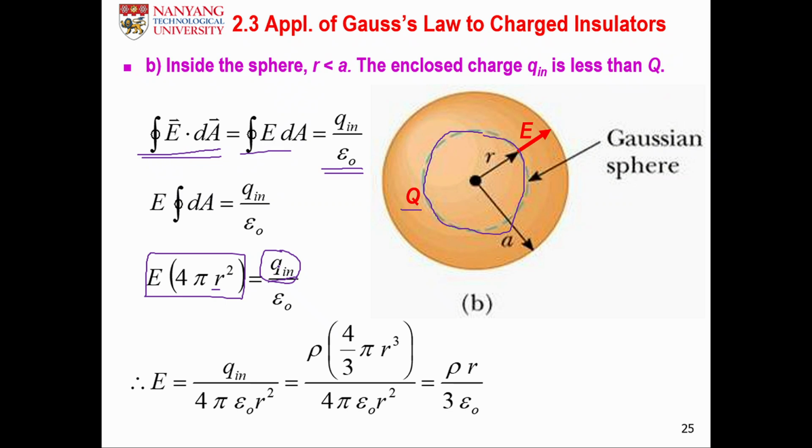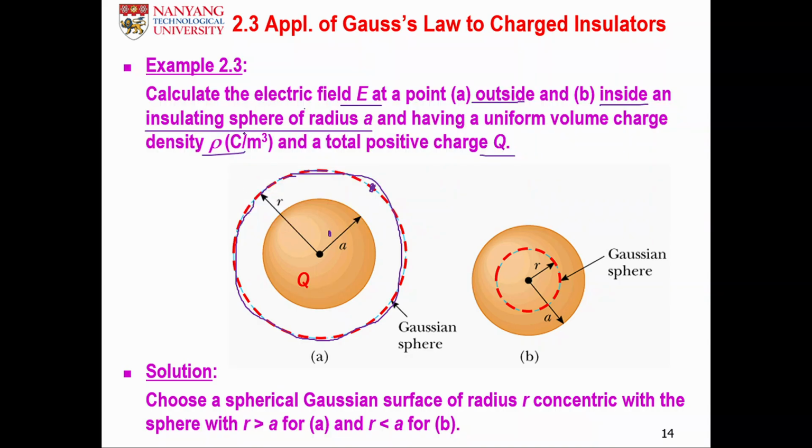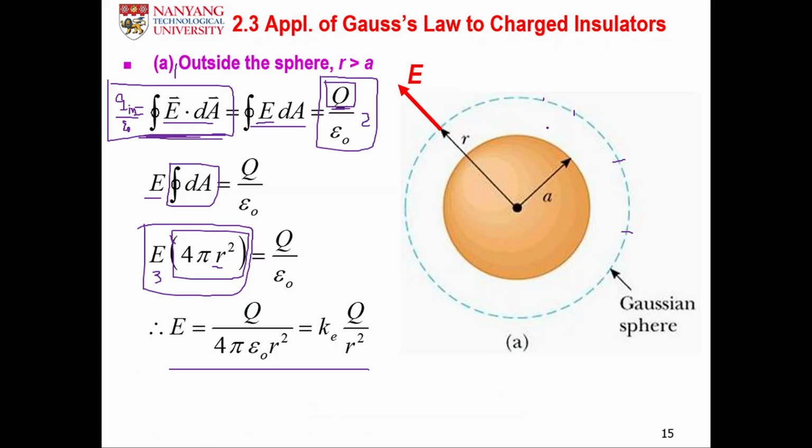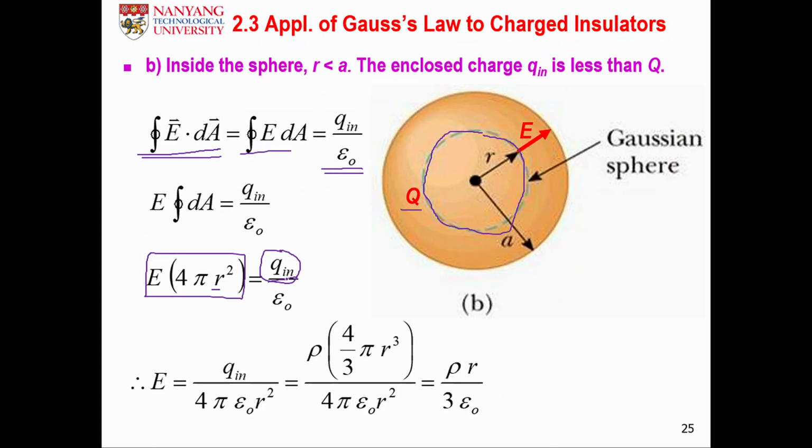Because here it tells you the charge density, and also the charge is uniformly distributed. So then this Q in should equal this charge density times the volume of this Gaussian sphere. This should give you the total charge inside the Gaussian sphere, right?